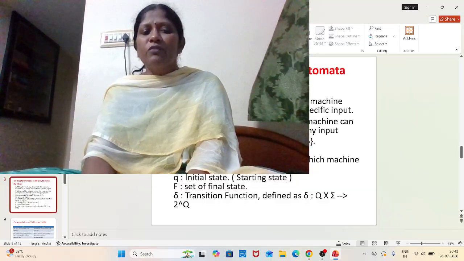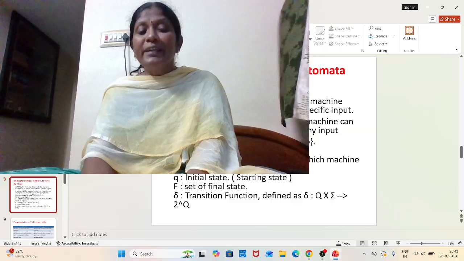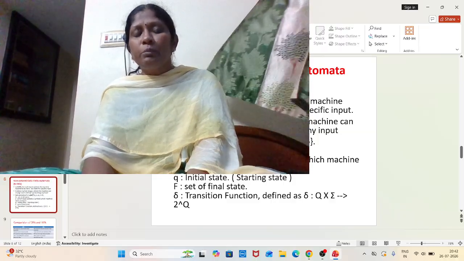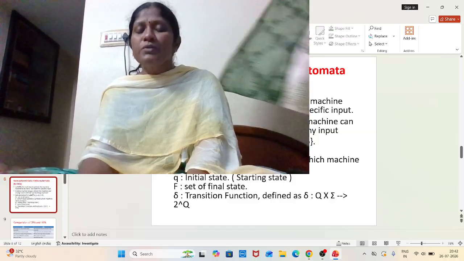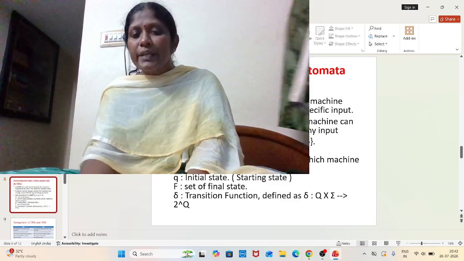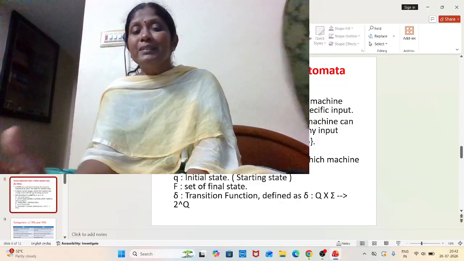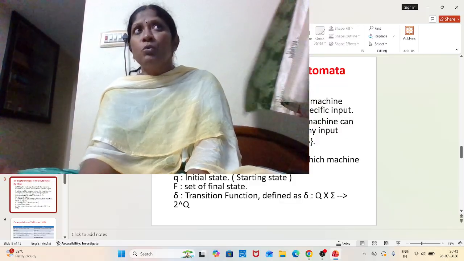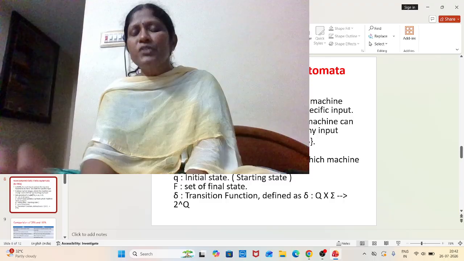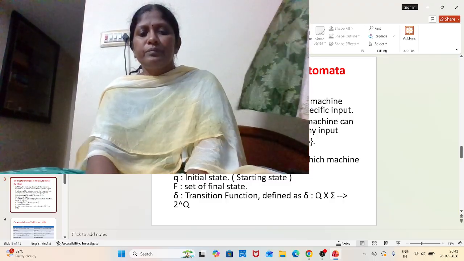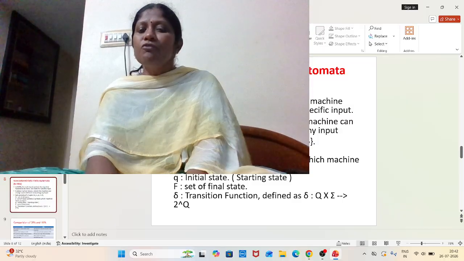Next, non-deterministic finite automata. Non-deterministic means the machine sometimes moves to more than one state for each input symbol; that is, it moves to multiple states for each input symbol. It consists of 5 components.